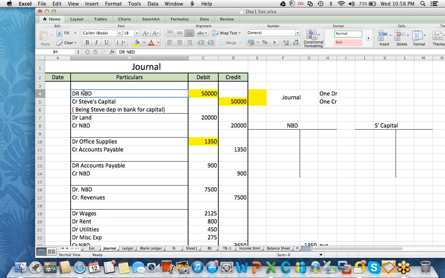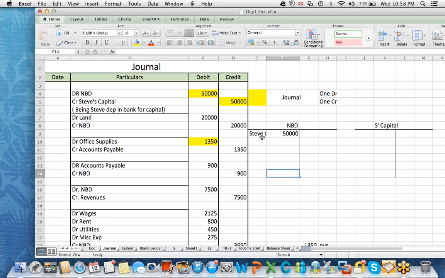NBD account is to be posted into NBD here. And NBD is on the debit side, right? Yes, that's right. So on the debit side we should write the other account name, Steve's capital, and the amount is 50,000.